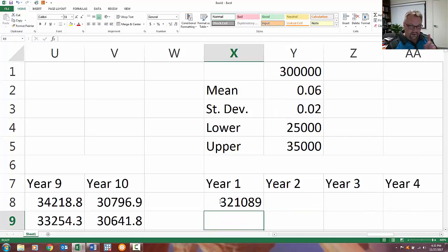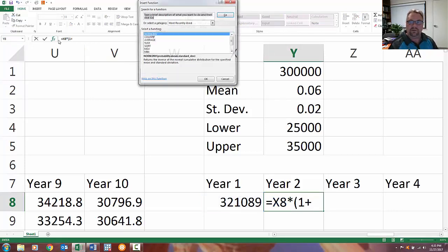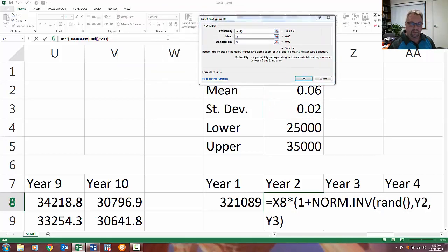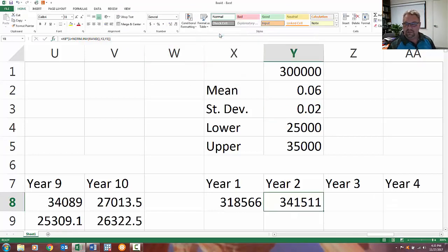Right, because I'm going to copy just the year one down, but year two, I got to link to here times 1 plus norm.inverse. Okay, probability is rand, open close parentheses, mean, standard deviation, close parentheses, hit OK.